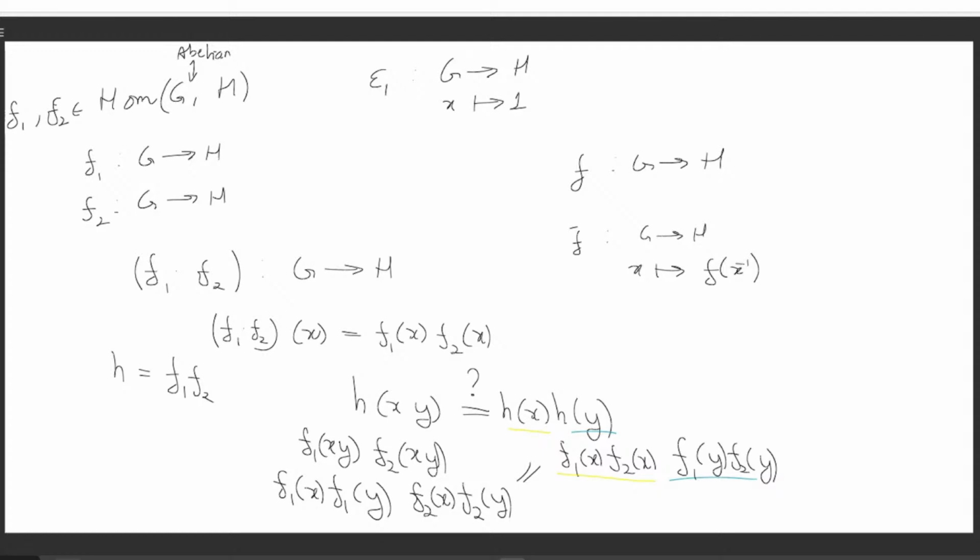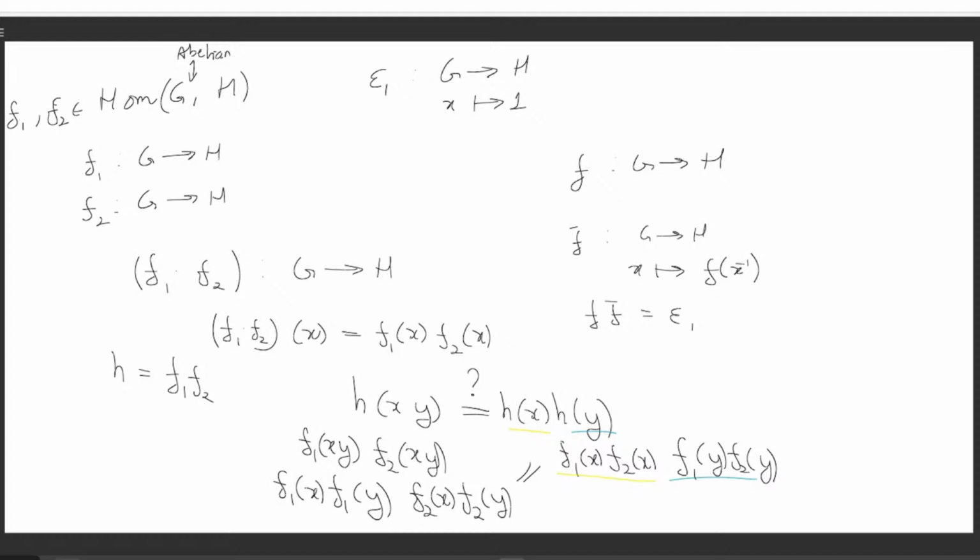So you can consider this as the composition of f with that endomorphism, and therefore it's a homomorphism. Or you can explicitly verify; again, you will have to use the fact that G is abelian. So f·f bar is definitely going to be epsilon, because f maps x to f(x) and f bar maps the same x to f(x) inverse. When you multiply them, you get the identity element, which means f·f bar is epsilon.